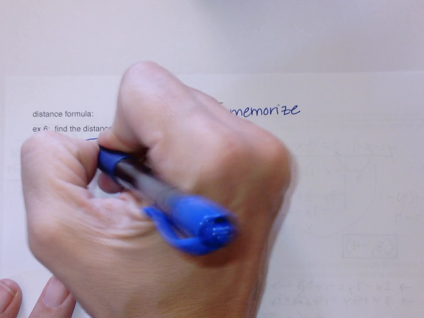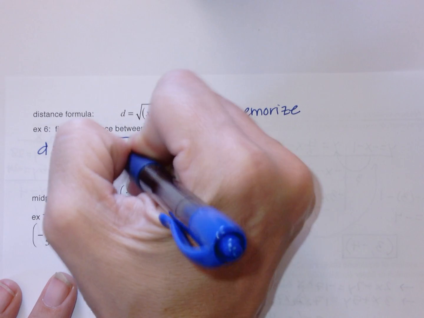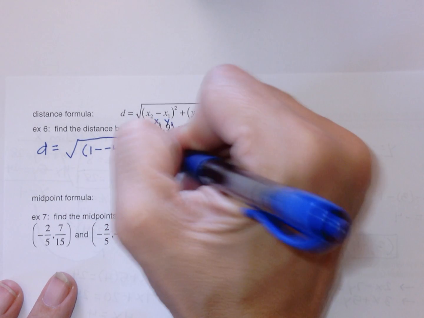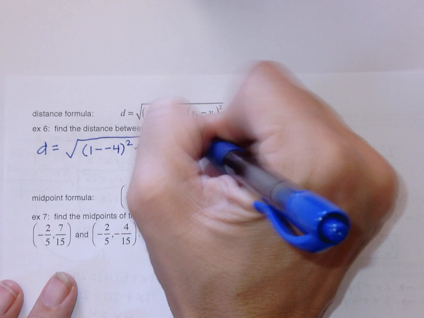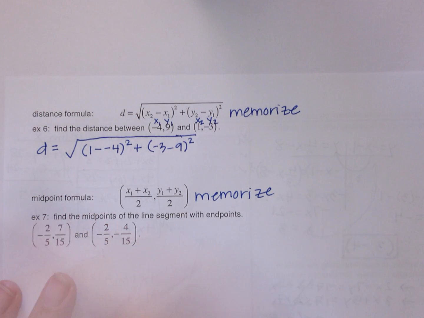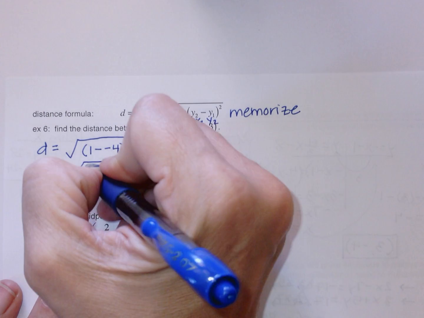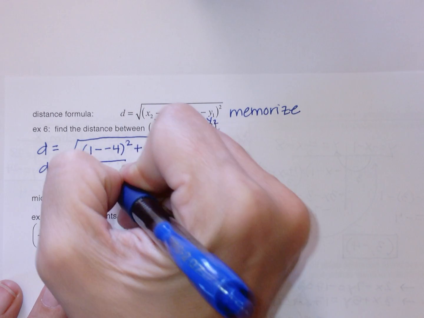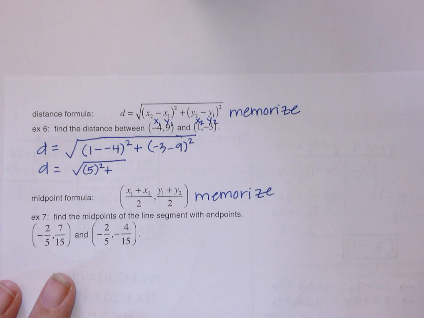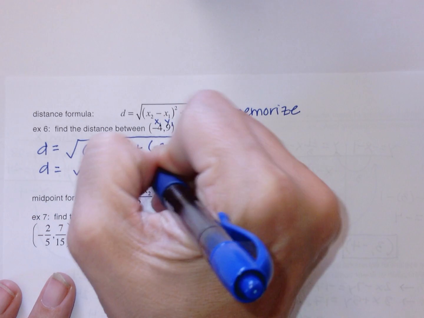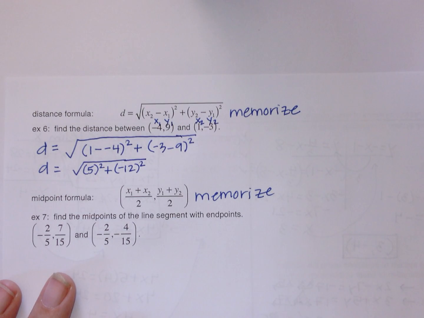And then I'm going to go 1 minus negative 4 squared plus negative 3 minus 9 squared. From this point it's just simplifying. Make sure you simplify all square roots, and you simplify following order of operations. So parentheses first.